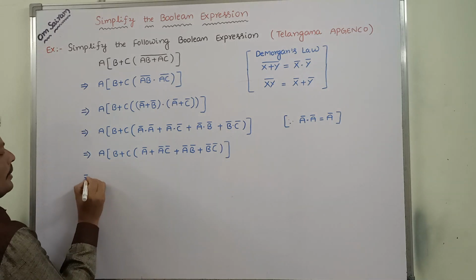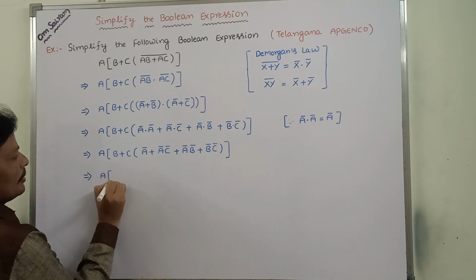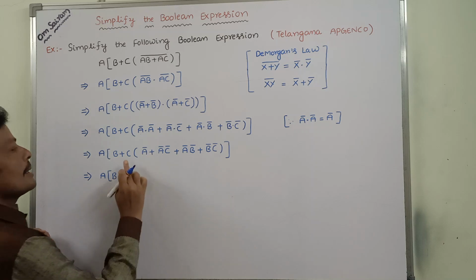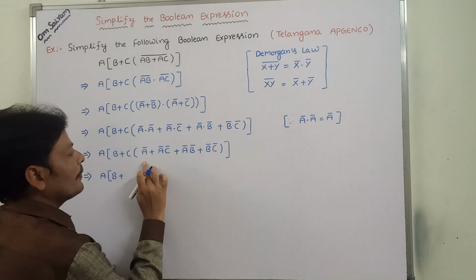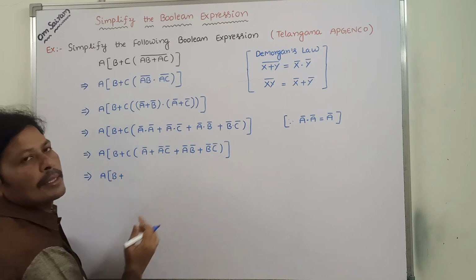Next one. A into (B plus C is multiplied with the entire expression within the parenthesis).